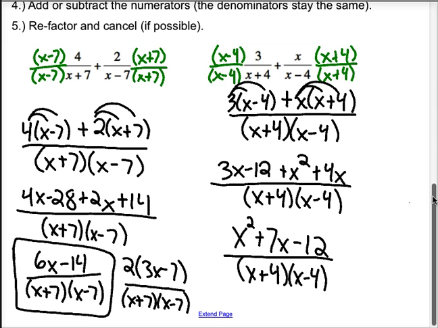Now, two things that multiply to give you negative 12 and add to positive 7. If you search for all those combinations, you're going to see that there isn't anything that actually works for that. All right, so I'm not going to spend my time showing you the guessing and checking of it. It's not going to work. So we can just leave it written like that. And again, that common denominator, you don't have to FOIL that out or anything. Just leave it as is to make it easier for yourself.